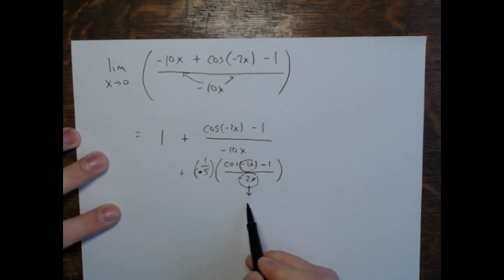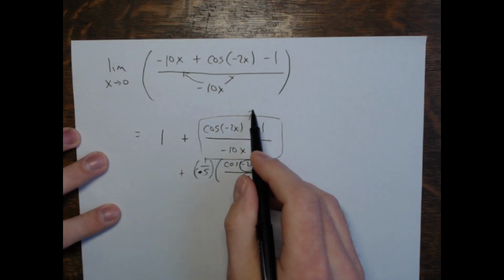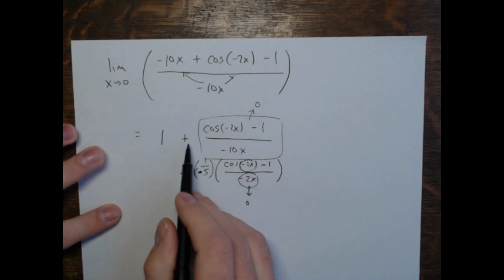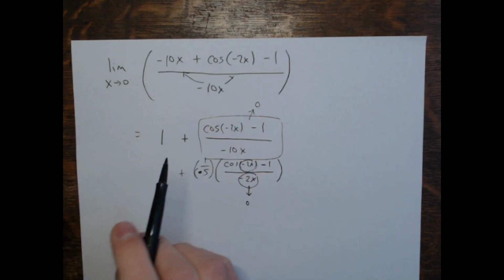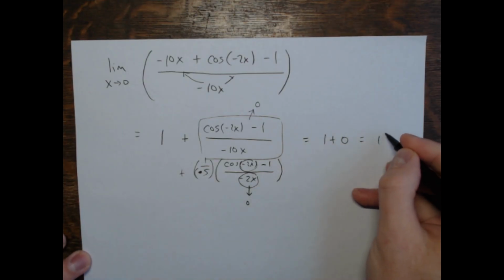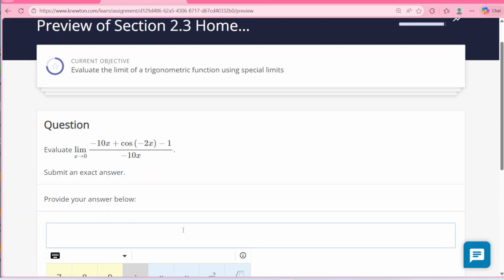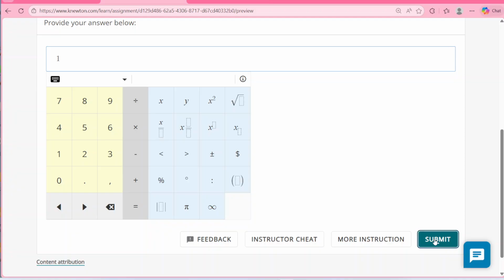They're going to 0, so this term is approaching 0. And then you still have the plus 1 outside, the negative 10x over negative 10x. So the thing overall is approaching 1 plus 0. So the limit overall is 1. And again, you can make a table, make a graph, get that value on your own.